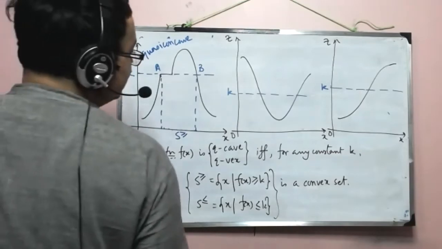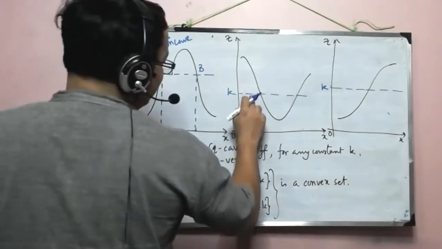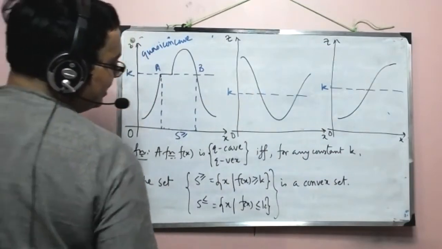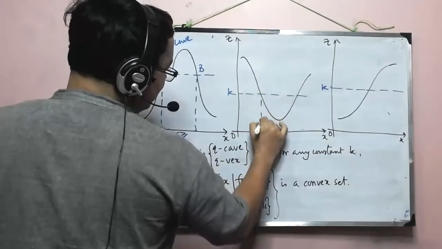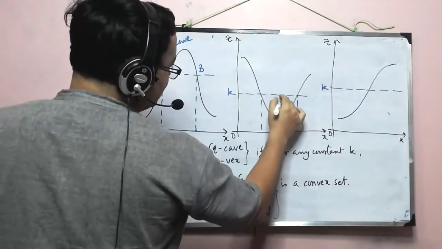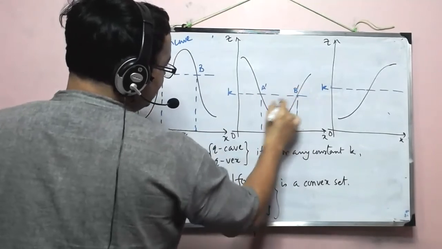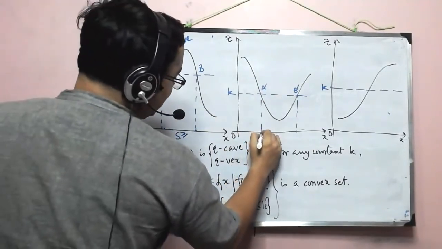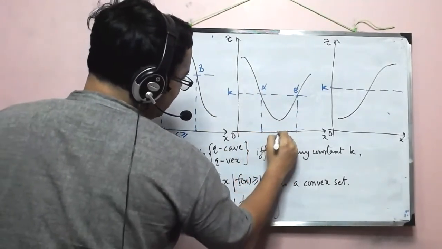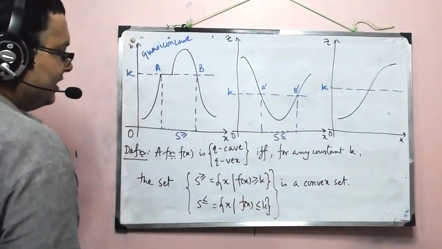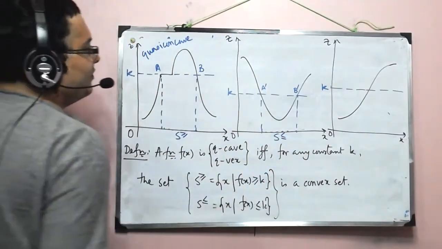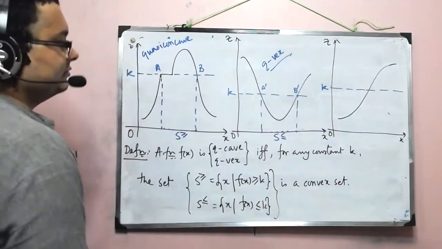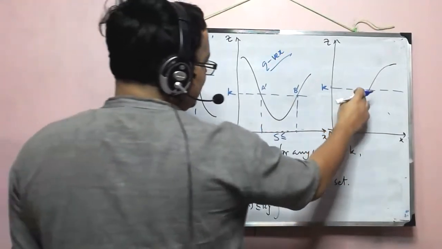Similarly, given this k, if I collect all the f(x) which are less than k, that will be given these two points, A dash and B dash. In between, I have all the f(x) which are less than or equal to k. If I look at the corresponding x's which appear here, it generates S less than or equal to, which is a convex set. So here I am dealing with a quasi-convex function. Now what happens here?